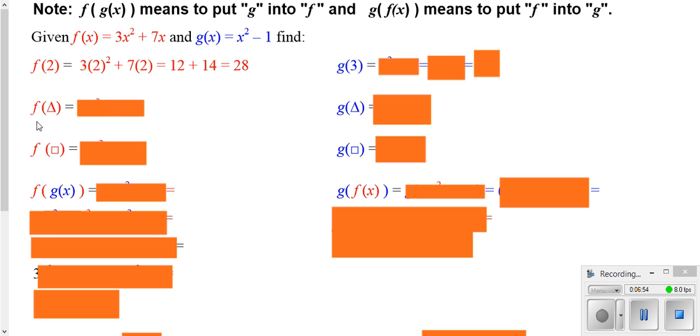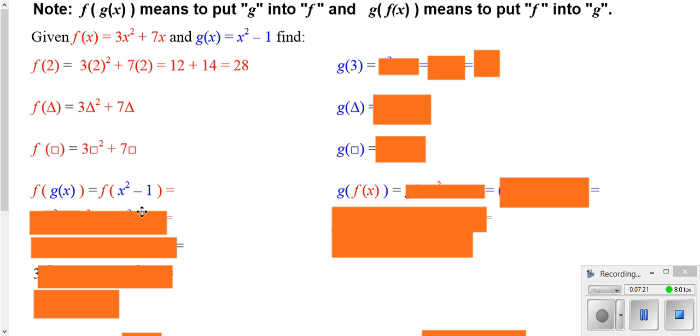Down here, it says we have to go to function f and plug in for all of our inputs, triangle. Here we have function f. Whatever our input is, we want to put in the box. We want to do that same idea down here. Whatever our input is, which in this case is the blue g of x, we want to plug that in for these boxes, or for these x's.